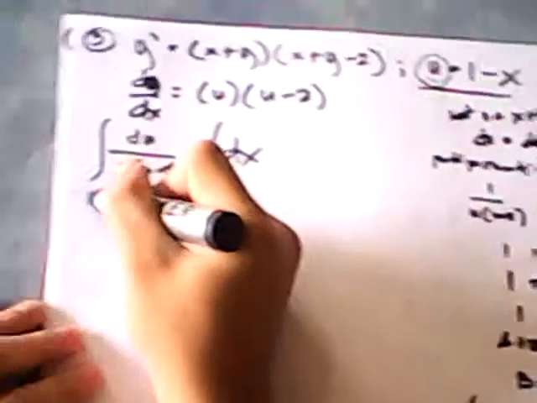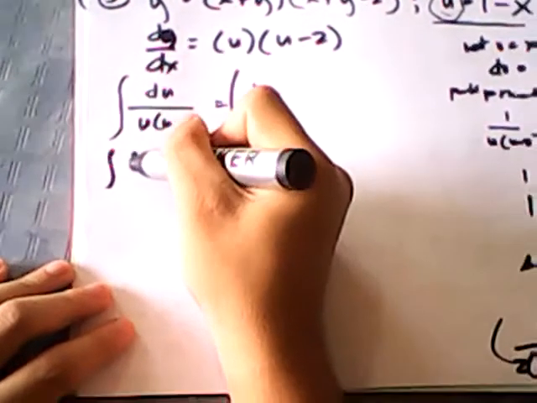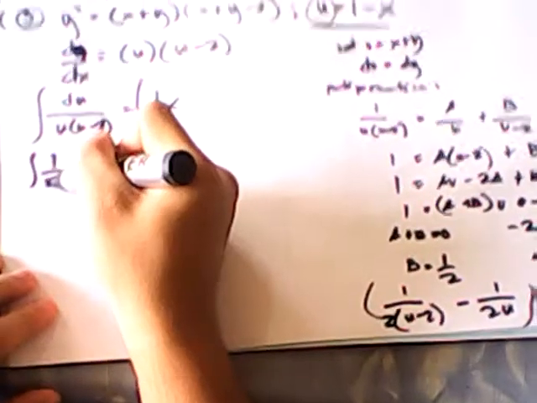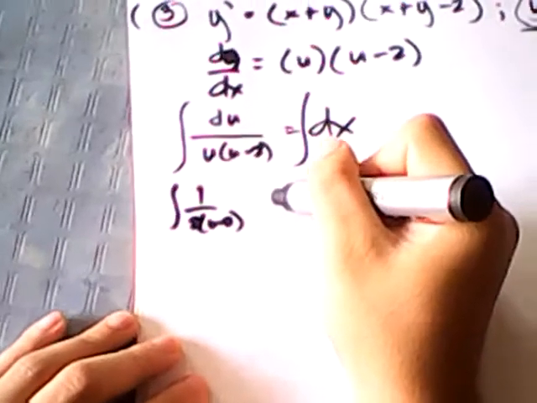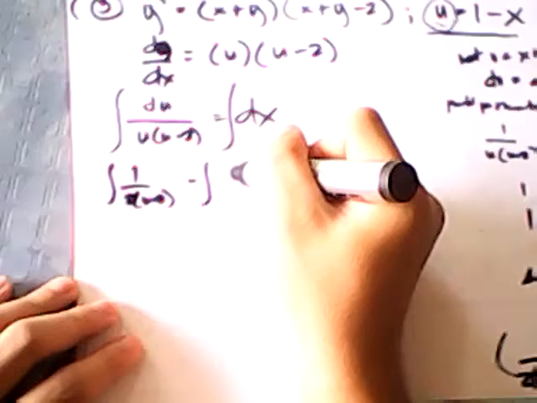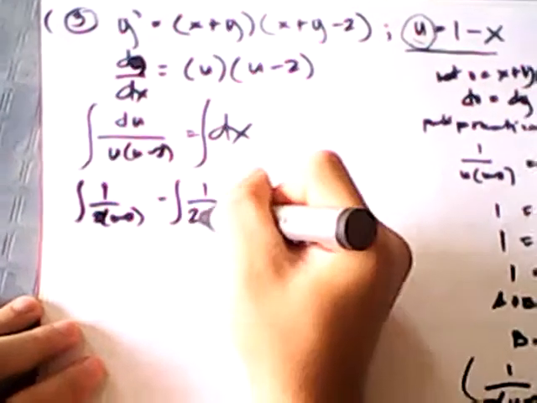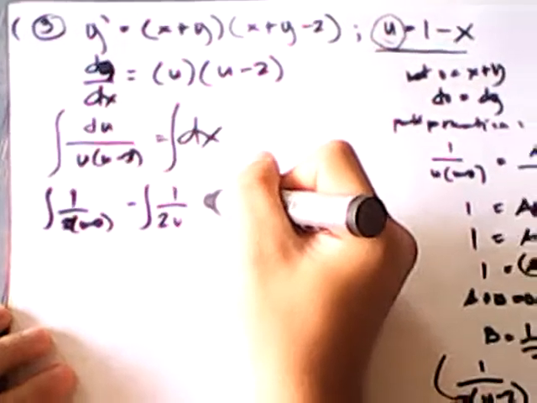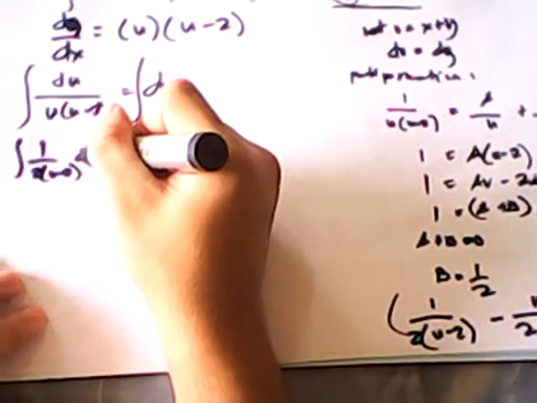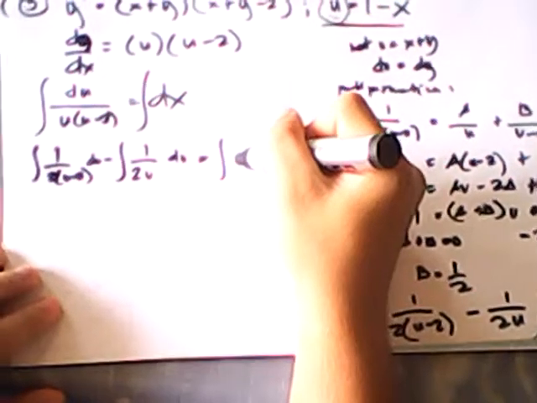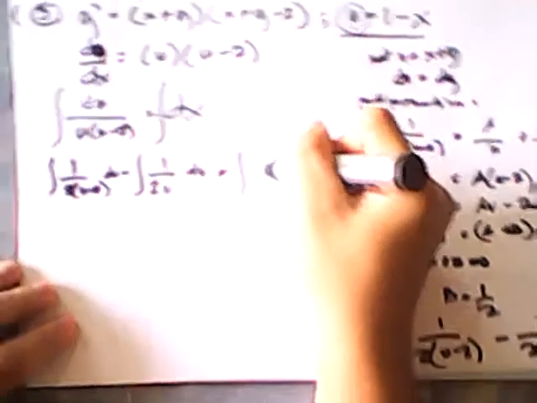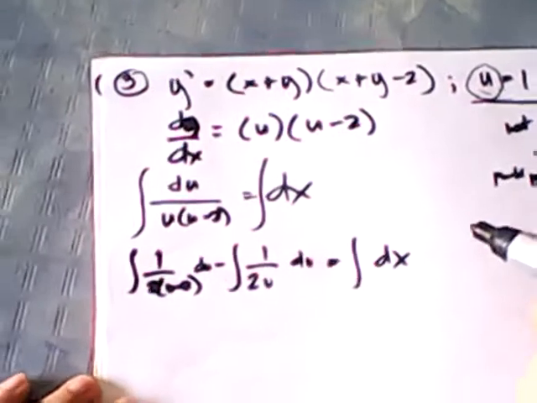This integration of 1 over 2 times u minus 2, minus 1 over 2u, by dy is equal to dx.